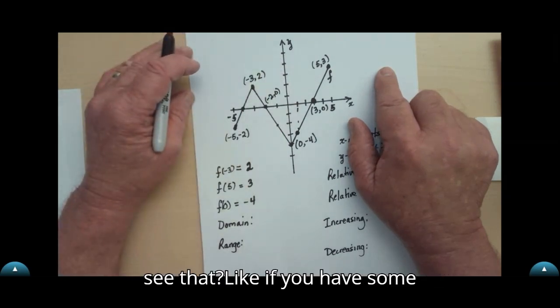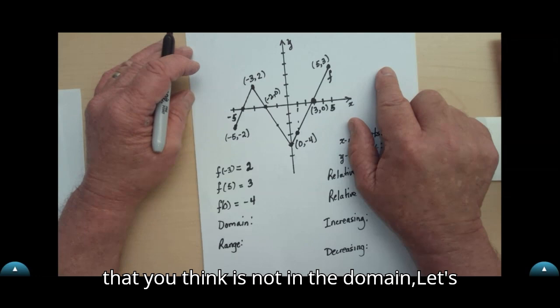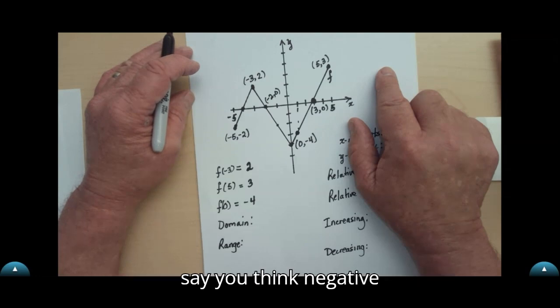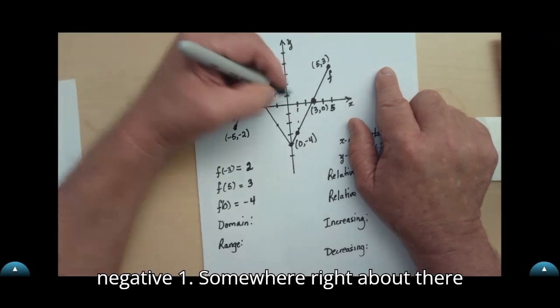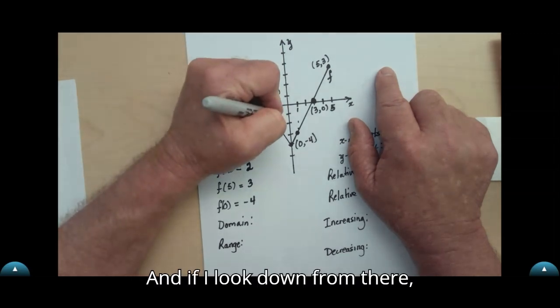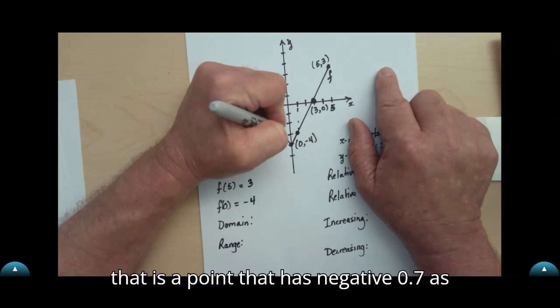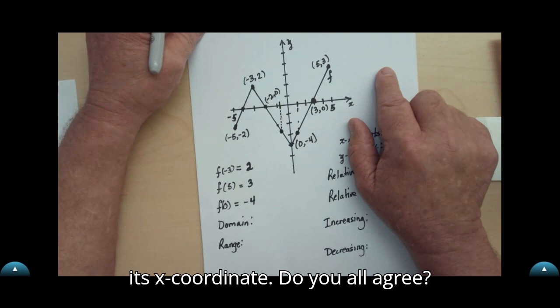Do y'all see that? Like if you have some number between -5 and 5 that you think is not in the domain, let's say you think -0.7 is not in the domain. Well, here's -1. Somewhere right about there is -0.7. Do y'all agree? And if I look down from there, that is a point that has -0.7 as its x coordinate. Do y'all agree?